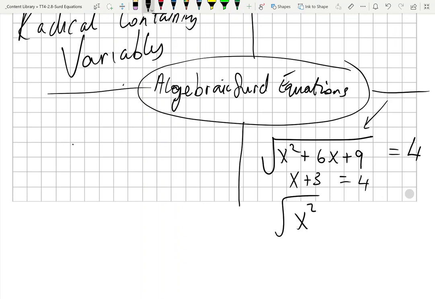Obviously the square root of x squared will be a non-example. The square root of 5x plus 2 equals 7 minus root x is an example.